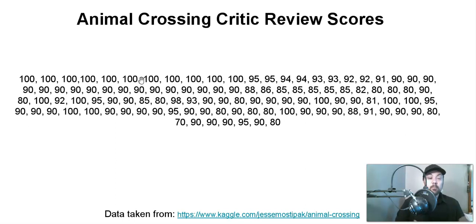And so we want to process it in some way to be able to better understand what's going on with this set of data. And one way of processing it is to construct a frequency distribution.